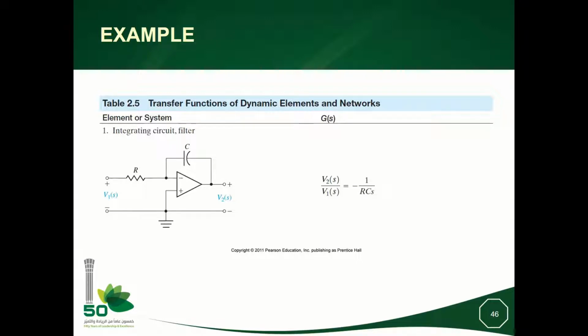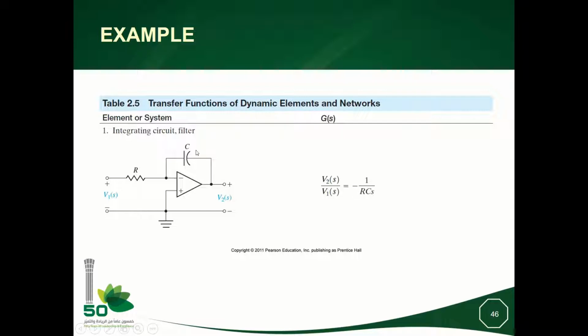So j omega will be replaced by s, okay? It means the impedance of a capacitor is 1 over Cs. We can easily verify, because here we have almost voltage equal to 0 between these two terminals, that the ratio V2 over V1 is equal to the impedance of the output over the impedance of the input, multiplied by a minus sign.